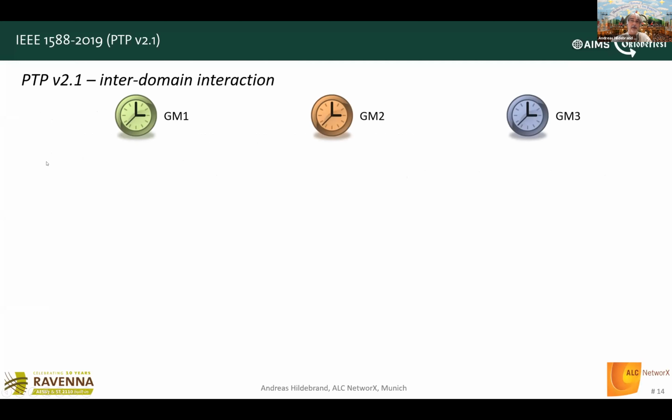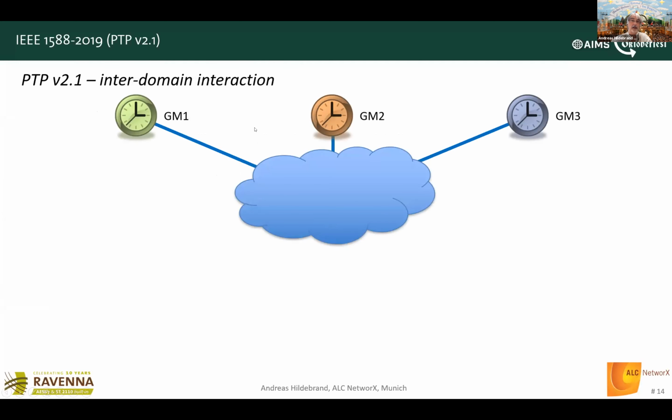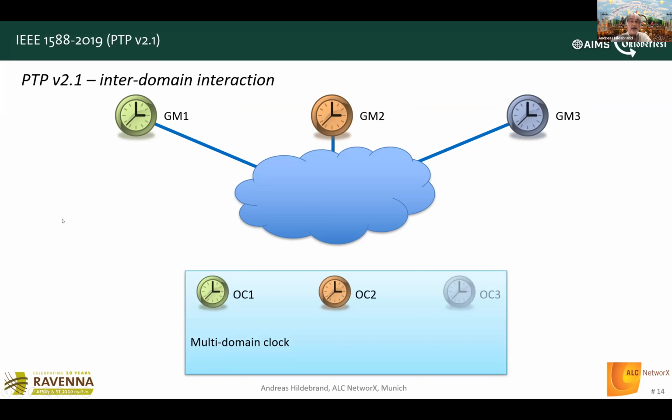So we have individual grandmasters on the network. They're all sending out their sync messages into the network using different domains. We have a multi-domain clock. That's something which can be built now, which has a singular link into the network, which also introduces another feature of PTP version 1, the common mean link delay service, where that multi-domain clock can have one link delay measurement instead of 3 for all these individual clocks.